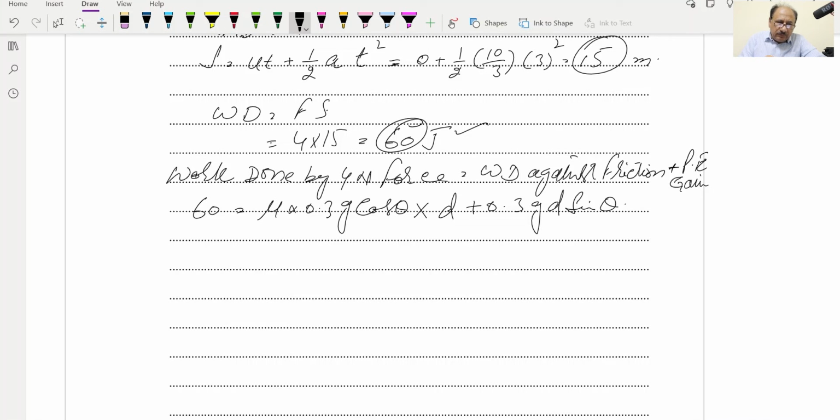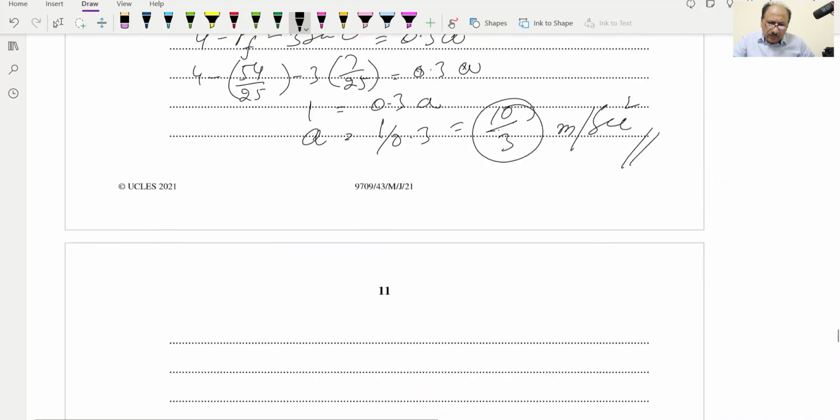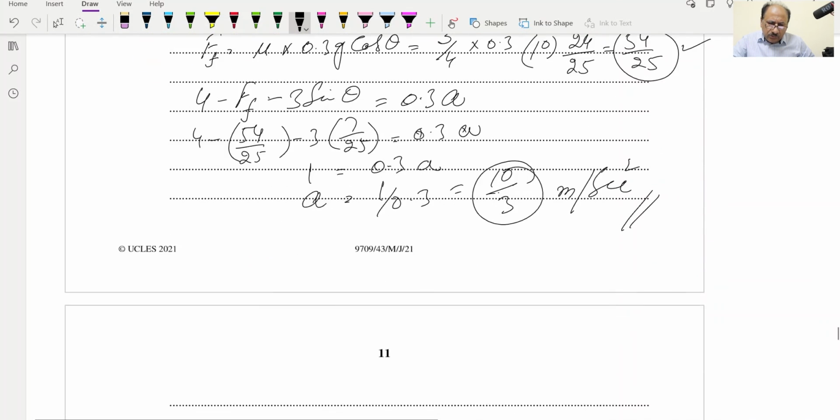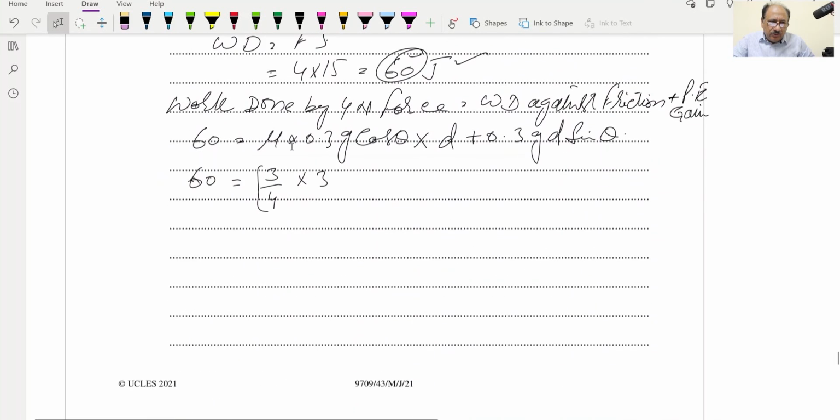So we can simplify, this side will be 60 is equal to, mu value is 3 by 4. So we'll replace this mu value, which we calculated also, but okay, we can replace these values over here.